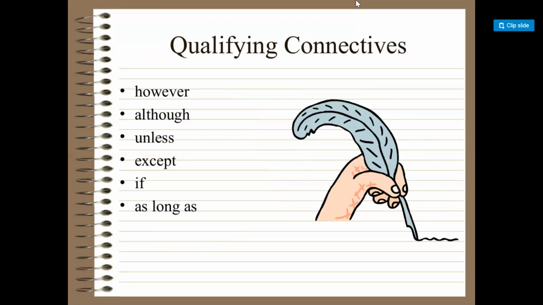The next point is qualifying connectives. These qualifying connectives try to say why something may change because of something else in a sentence. However, although, unless, except, if, as long as, until, yet, all these would be the examples for qualifying connectives.